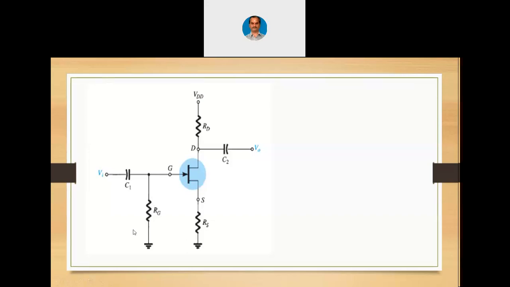That I will be showing you later on how that gate voltage appears across RG. So when compared to the fixed bias, in this particular circuitry, you don't have an additional power supply. In the fixed bias, we had used an exclusively different power supply to the gate. But here in the circuit, the power supply for the gate is absent.